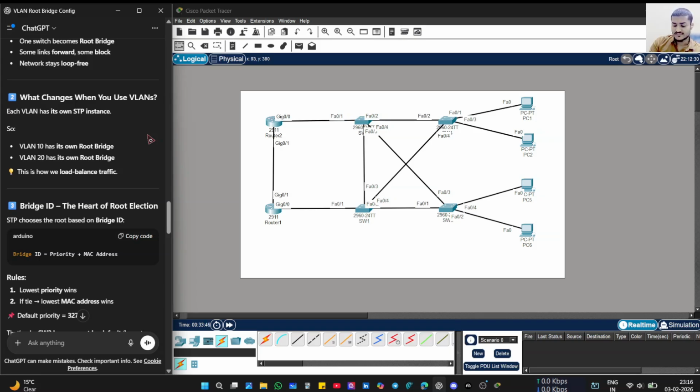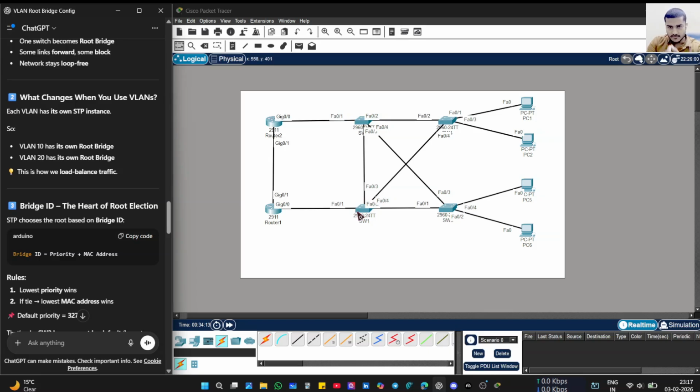I am going to designate a root bridge for VLAN 10. There will be a primary and a secondary, which we create, assign or elect. That is what we do for VLAN 10 and VLAN 20, with switch 1 and switch 2.